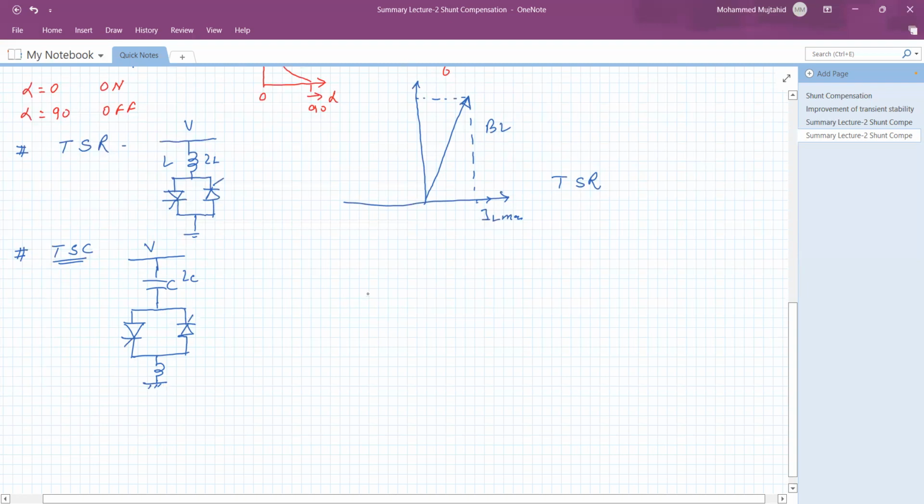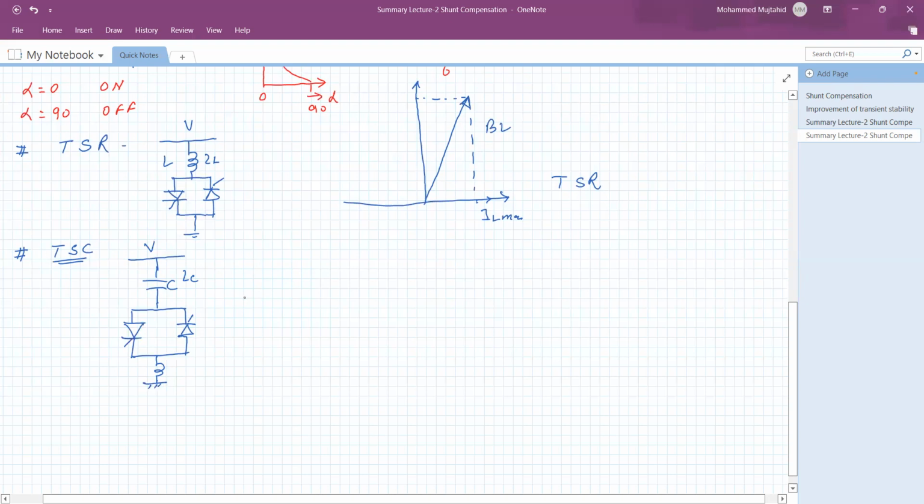But it is found that once the capacitor is conducting and turned off, the capacitor gets charged, and if you switch on the capacitor again, it will give a switching surge, or switching transient. So there may be two possibilities.